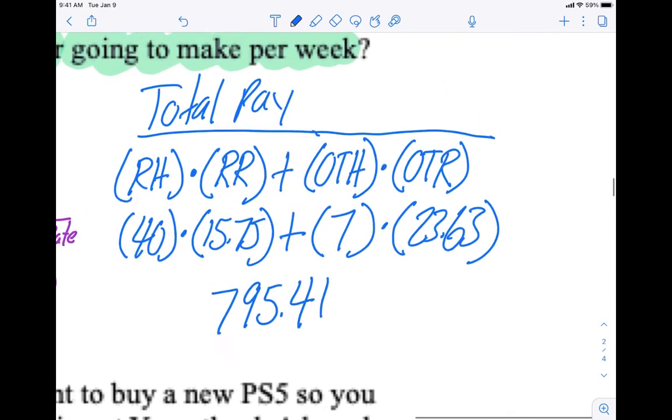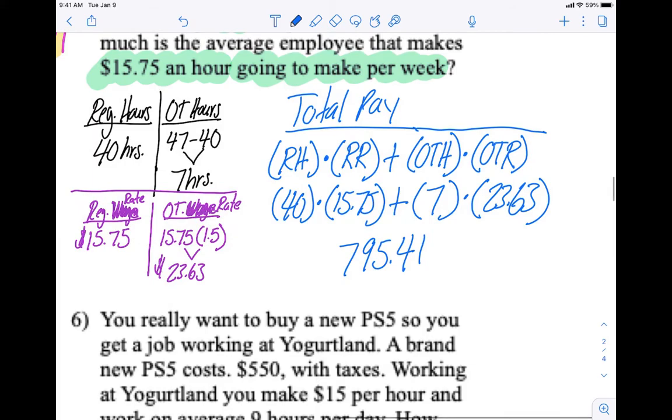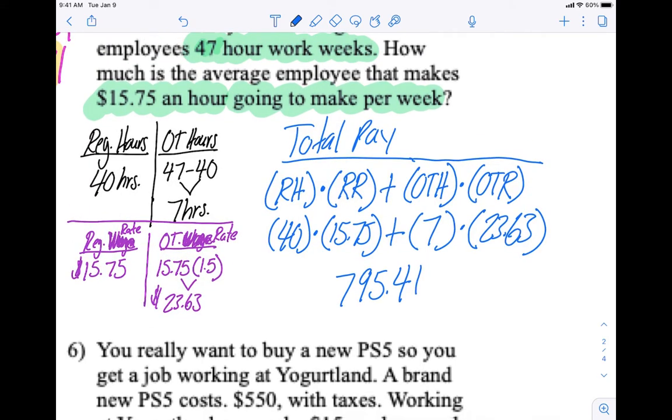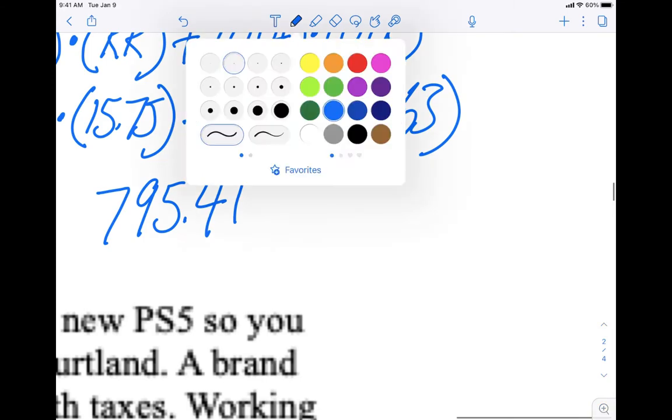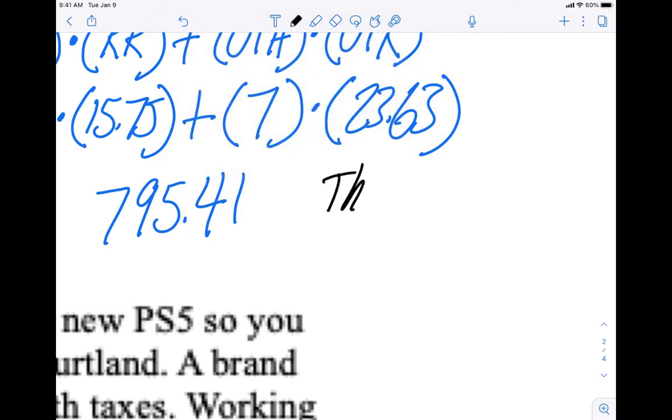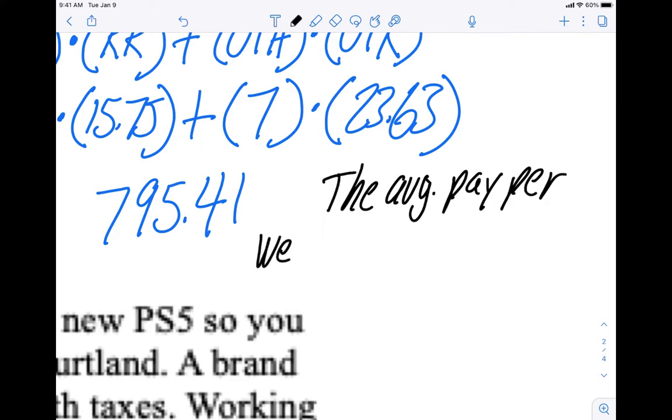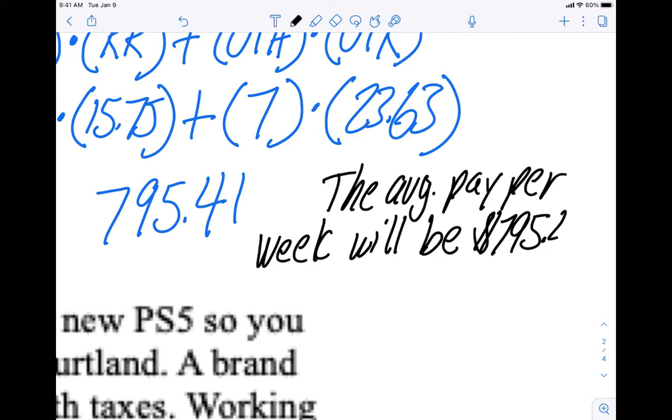We get 795.41, so our solution is, let's see, what is the question? How much is the average employee that makes $15.75 an hour going to make per week? So we say the average pay per week will be $795.41.